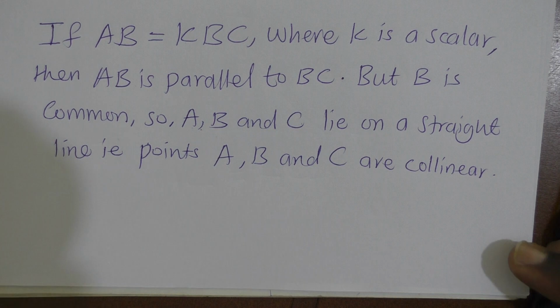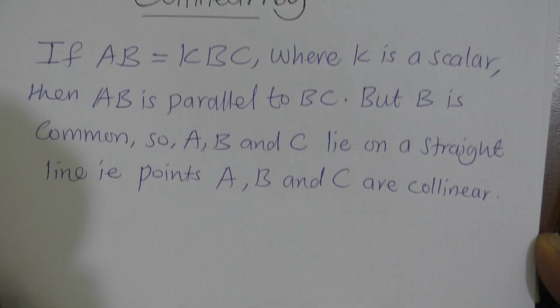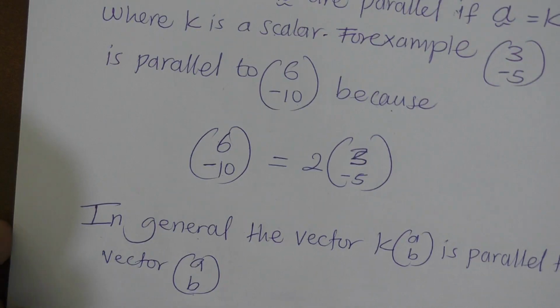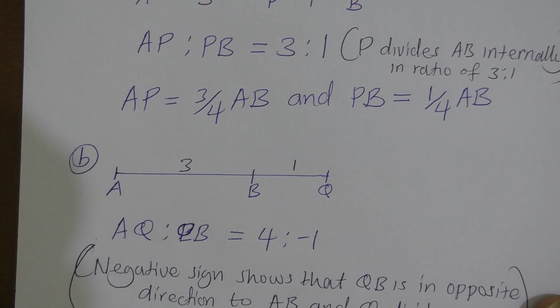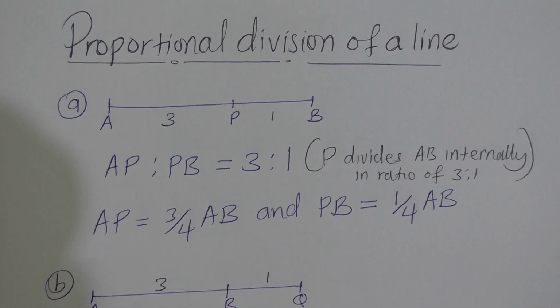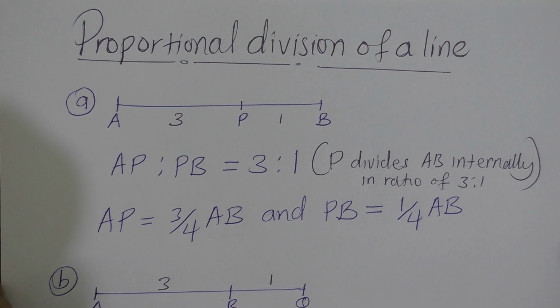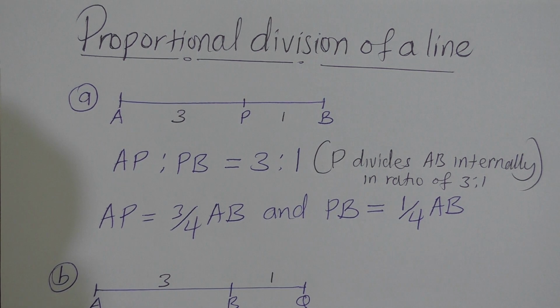Let's look at the examples concerning vector algebra. But maybe before we look at examples, we also have another important aspect to look at in vectors, that is proportional division of a line.